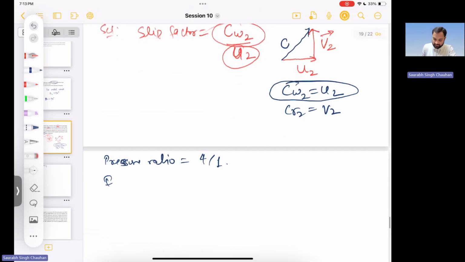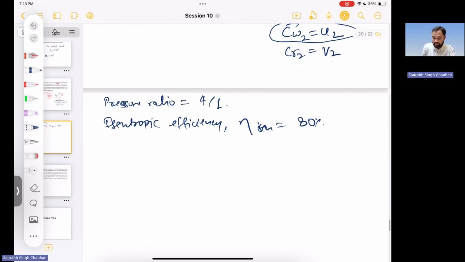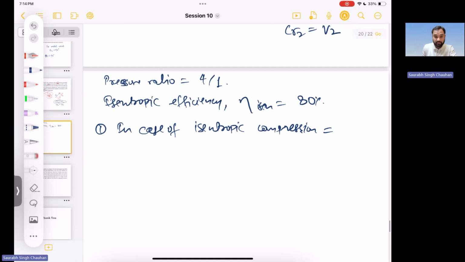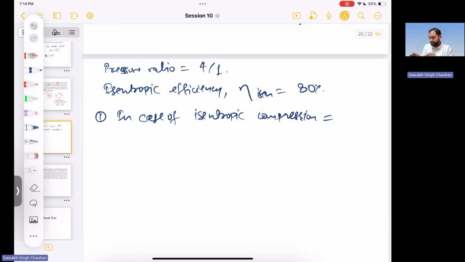Isentropic efficiency is 80%. So this means this is not isentropic. If it was isentropic, then in case of isentropic compression, what will happen? You know the expression for an isentropic process, right?